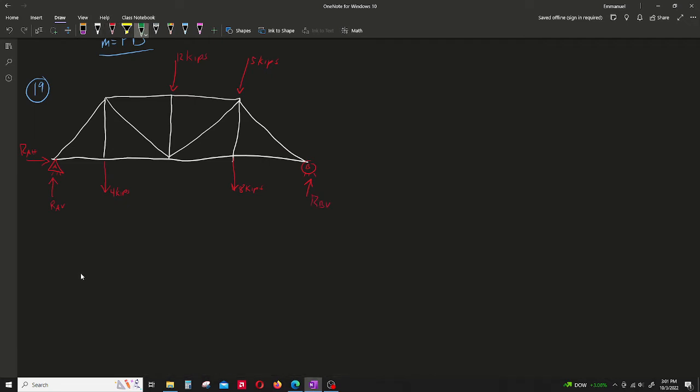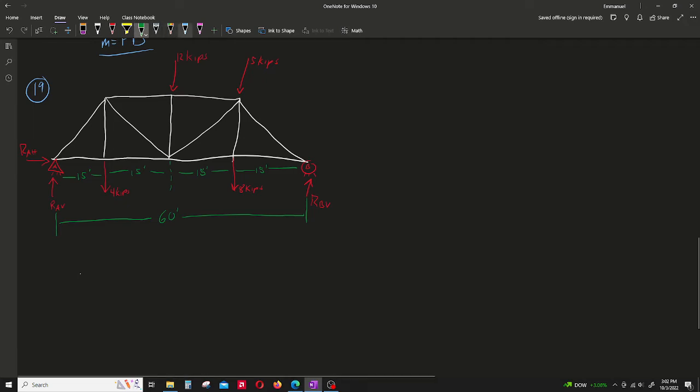And I've got a couple of distances here. So this is 15, 15, 15, 15, for a total of 60 feet. Yep, these are all feet.